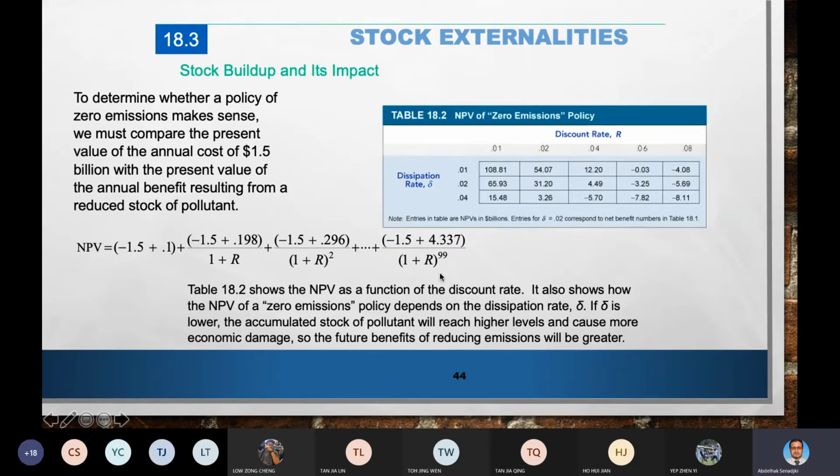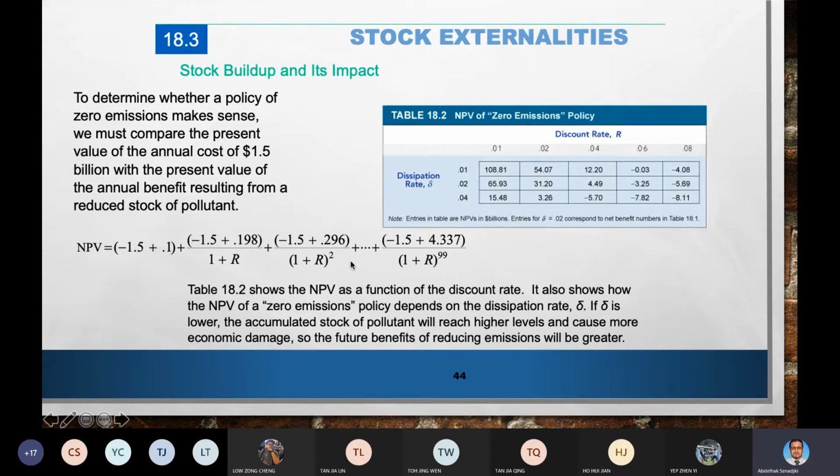Now, to calculate the net present value as a function of the discount rate, this also shows how the net present value of a zero emission policy depends on the dissipation rate, lambda. This is calculated from the formula and is also based on the interest rate. So here, this is the discount rate, and this is the dissipation rate.